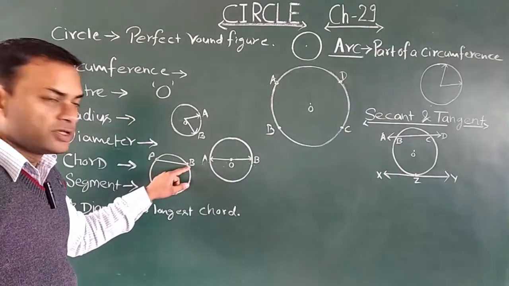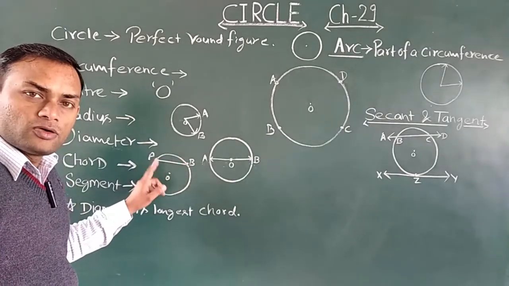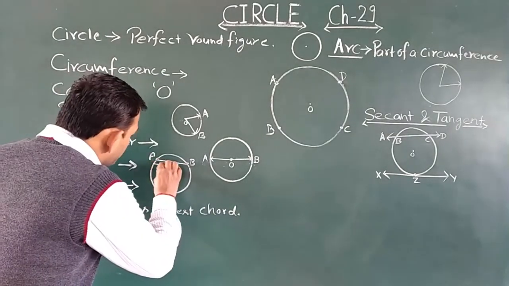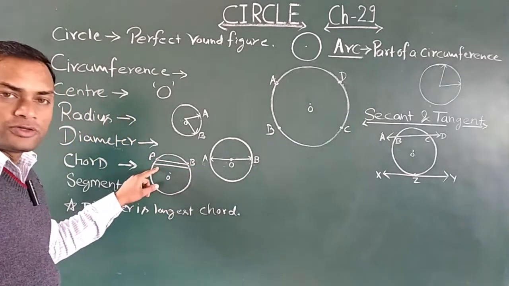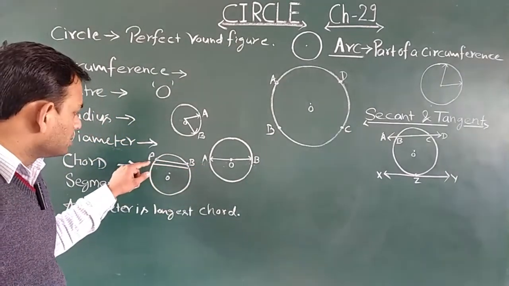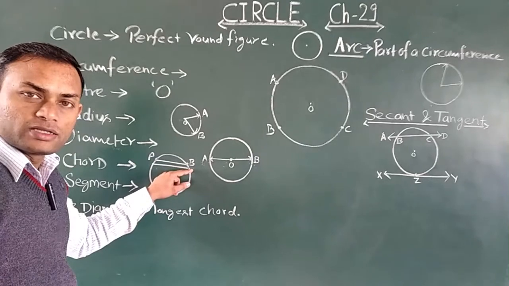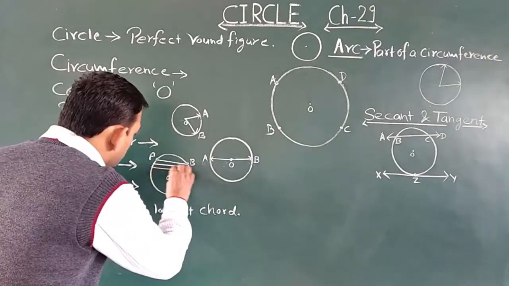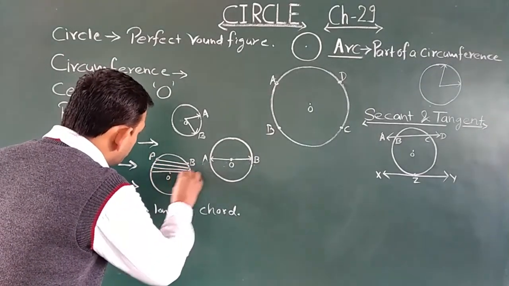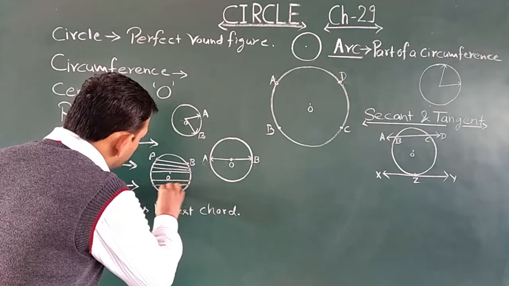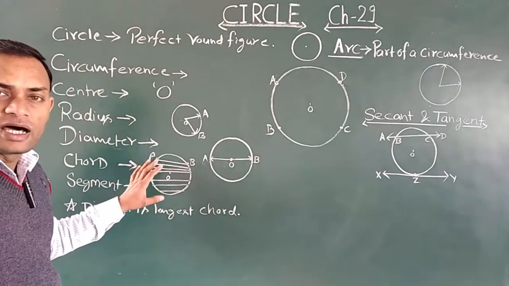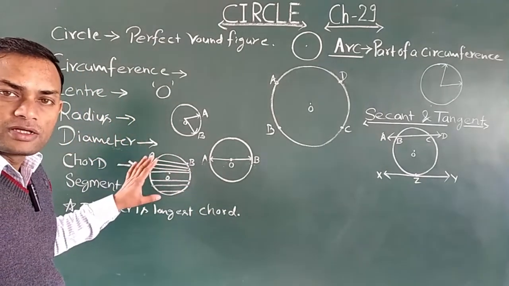So AB will be the chord of this circle. Same, this line also will be chord because this line is also connecting 2 points of the circumference together. And in the same way, this and this, all these are the chord of this circle.